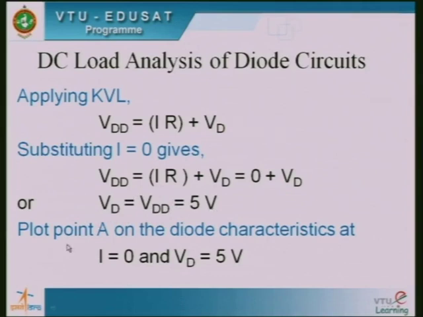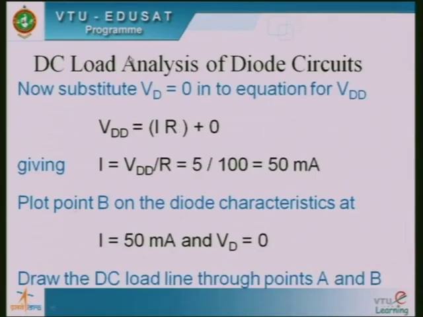So you can plot this point A on the diode characteristics at I equal to 0 and VD equal to 5 volts. Similarly, the second step is to substitute VD equal to 0 in the equation for VDD.